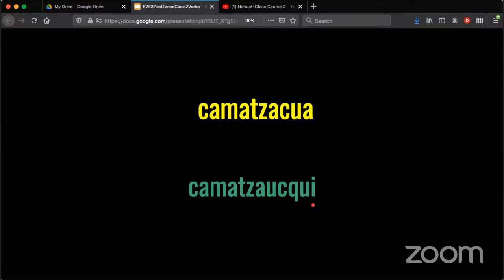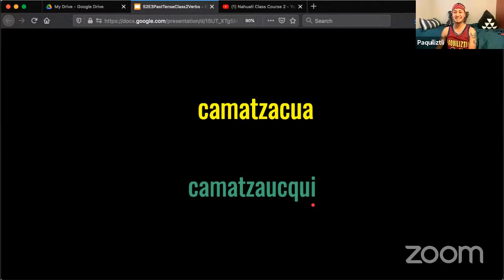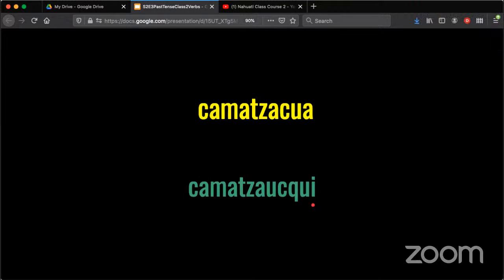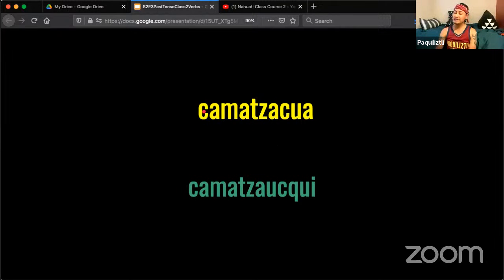So this verb is transitive. This one is weird because you normally don't close other people's mouths. So you can't say shik camatzacua. I guess if you were to say shik camatzacua, you'd be saying shut his mouth.